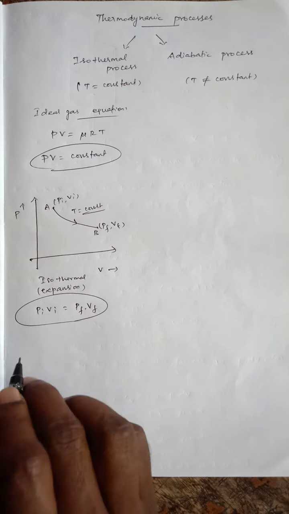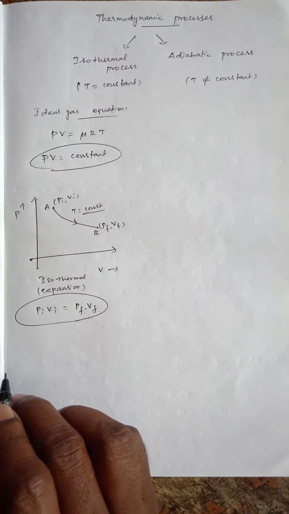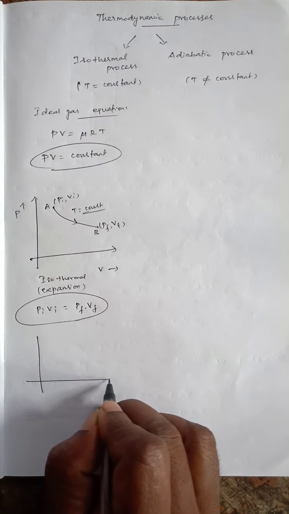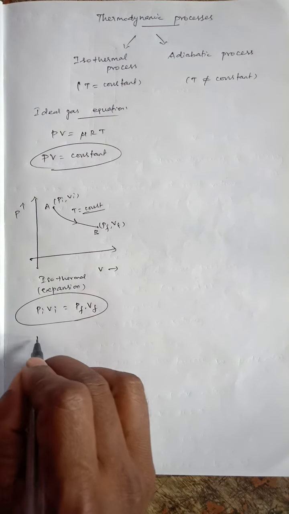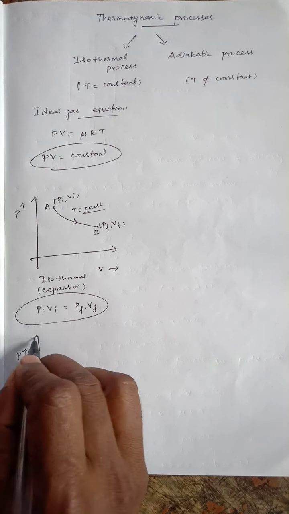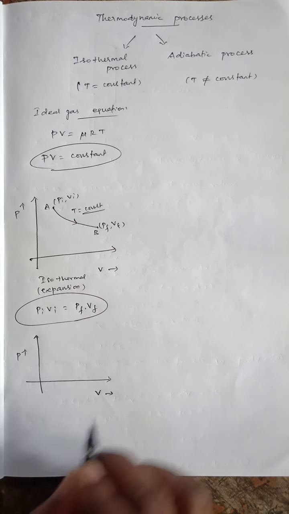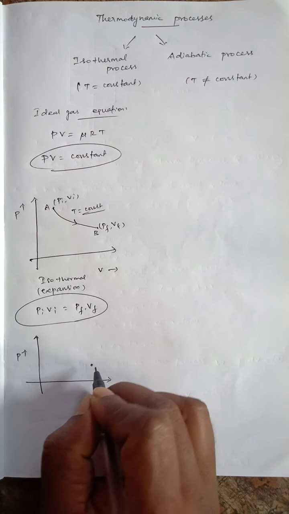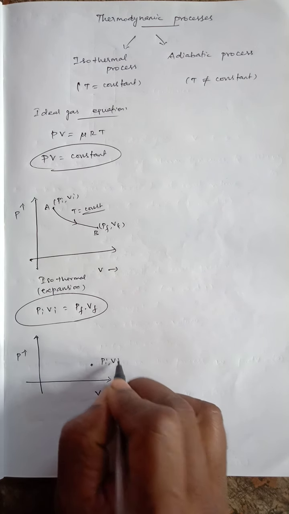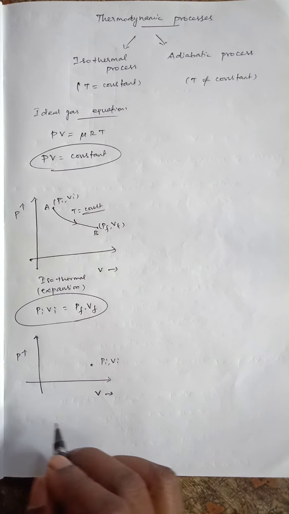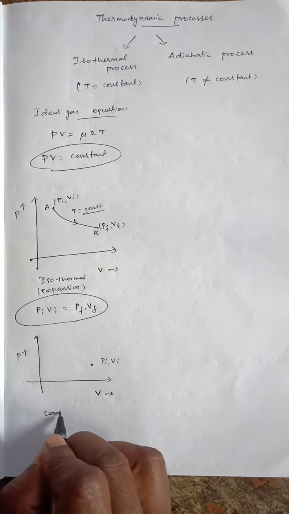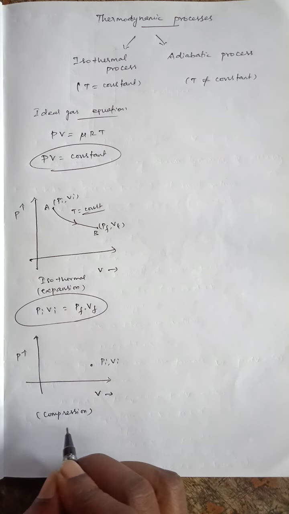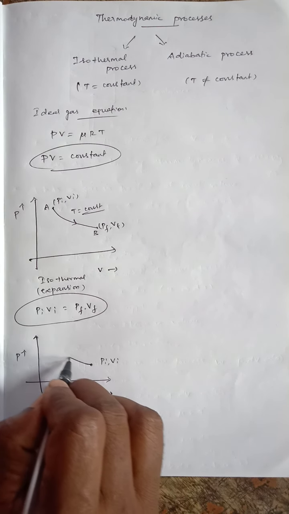What about compression? V on the x-axis, pressure on the y-axis. Initially, the pressure is Pi, Vi. Compression means pressure increases and volume decreases, so the curve becomes like this.